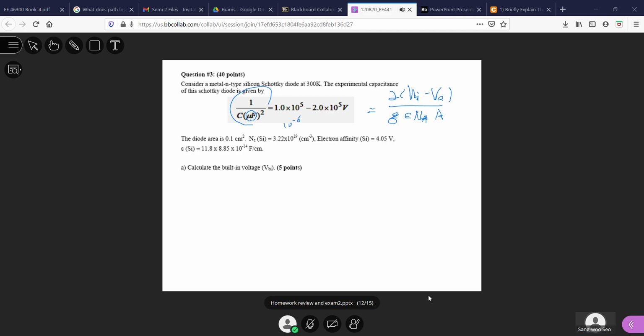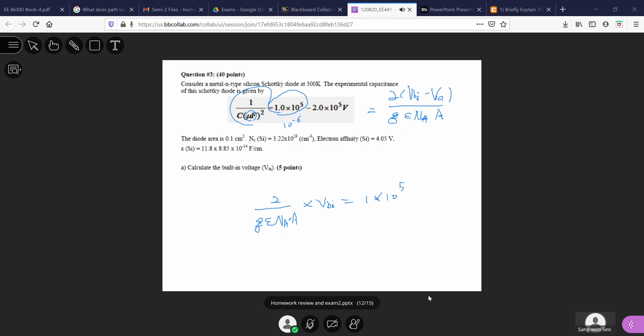You need to correlate this one, and you can correlate this one too. VBI that we already calculated is 1. So you can have the times Q epsilon ND multiplied by the cross-sectional area, multiplied by VBI. This one is 1 times 10 to the 5.